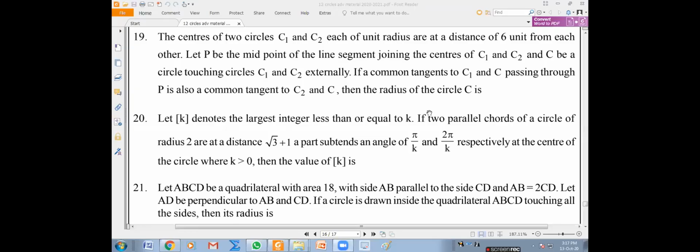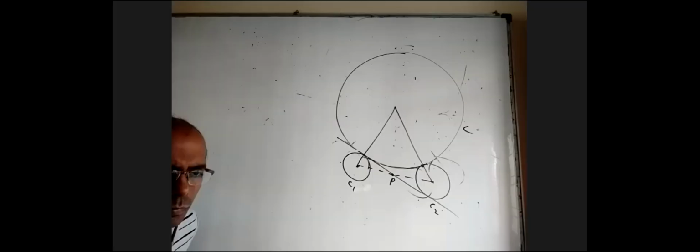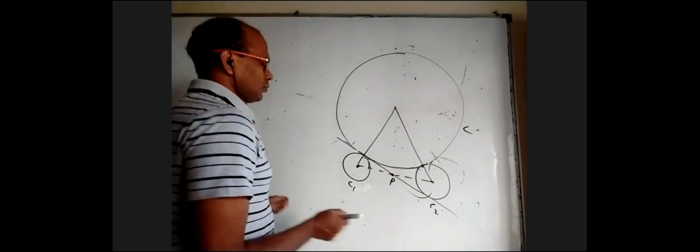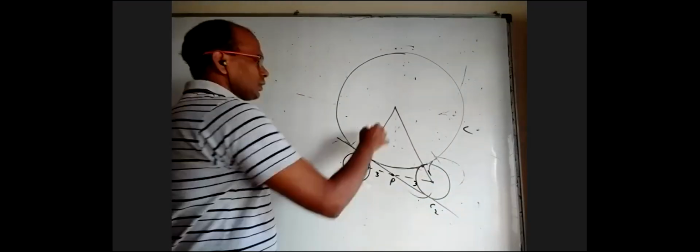Now, by the way, what do they want? What is the radius of the circle C, given this length and all this? So we know this radius is 1, and this is 3 units, this is 3 units, this radius is 1. They want the radius of this circle.